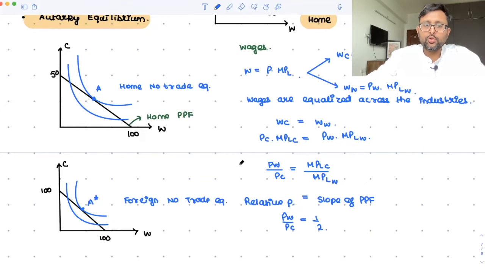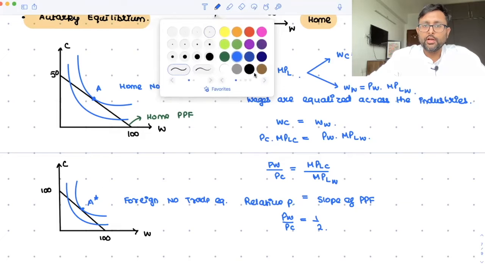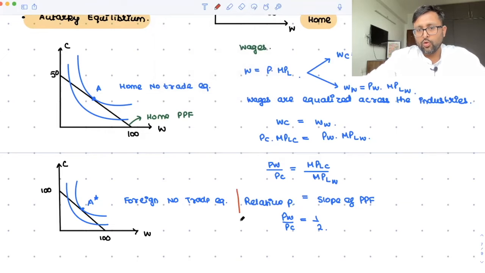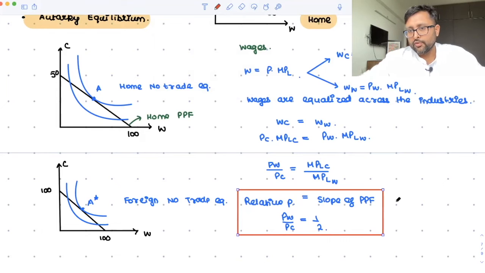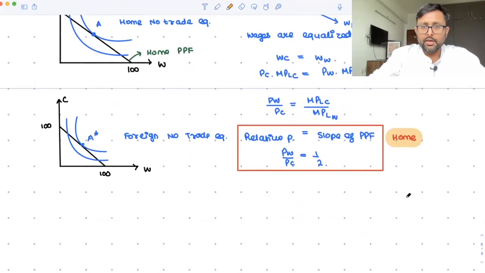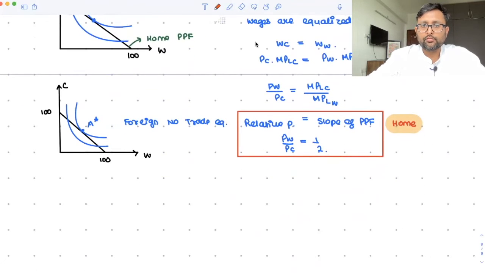And similarly, you can also write it for the foreign country, as you have written this for the home country. That is, the wages have to be equalized across the two sectors in the foreign country as well. So that is WC star equals WW star.